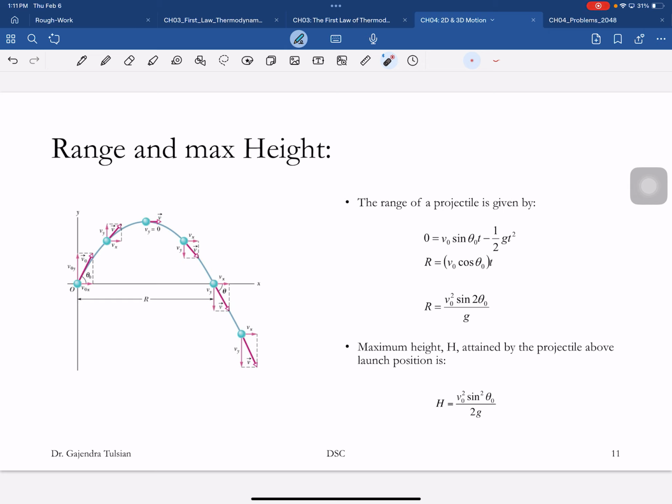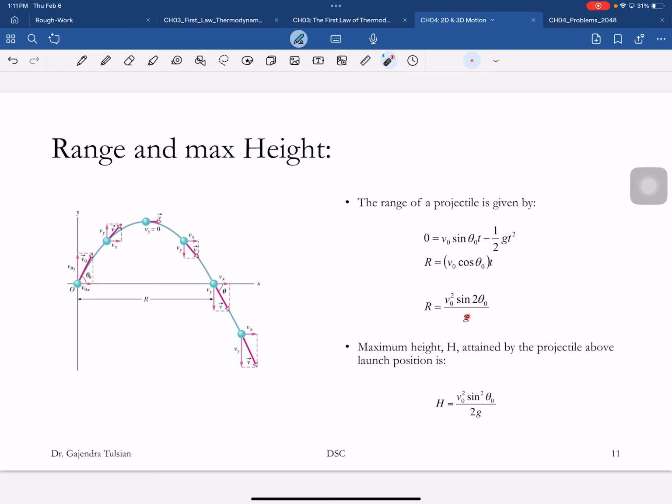The range is given by v naught squared, the initial speed squared, times sine 2 theta naught, where theta naught is the launch angle, divided by g, the acceleration due to gravity.